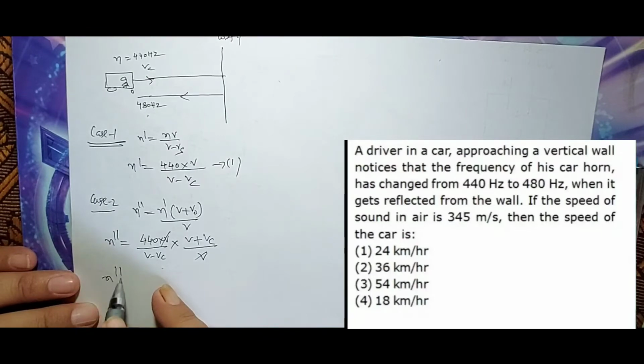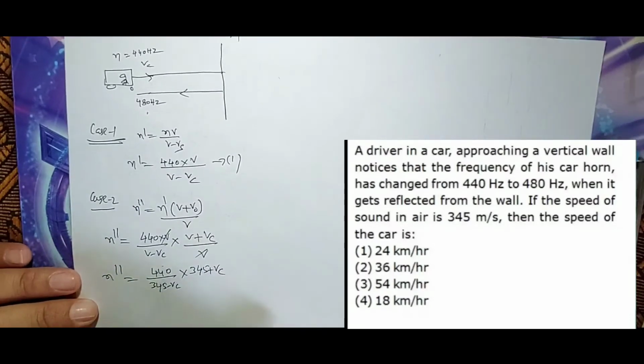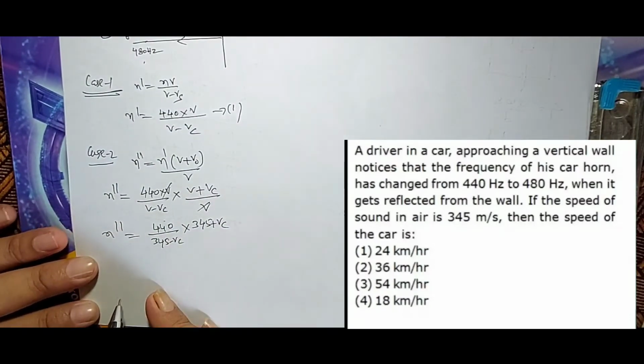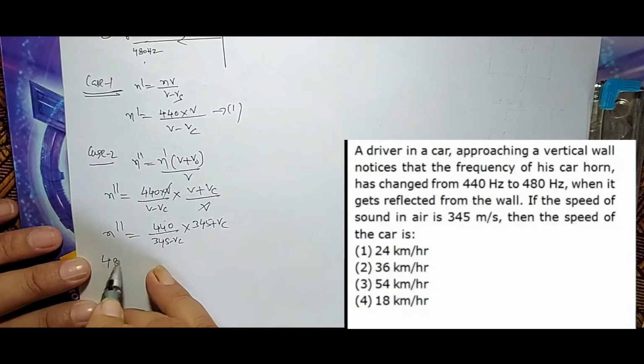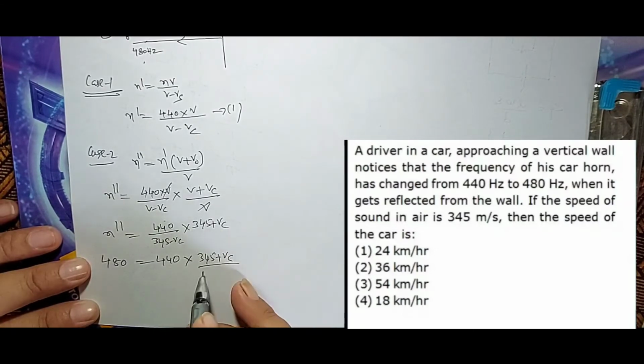So, n double dash is equal to 440 into 345 plus Vc divided by 345 minus Vc. So, n double dash, that is 480, is equal to 440 into 345 plus Vc divided by 345 minus Vc.